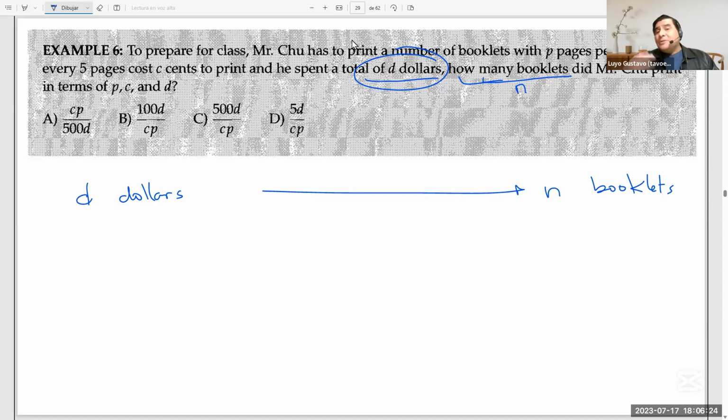Also, the number of pages implies a number of cents. And of course, cents have to be translated to dollars. So you can express this operation, converting this into this, as a multiplication of D by a successive number of conversion rates, as we've seen before. Okay, you can try.